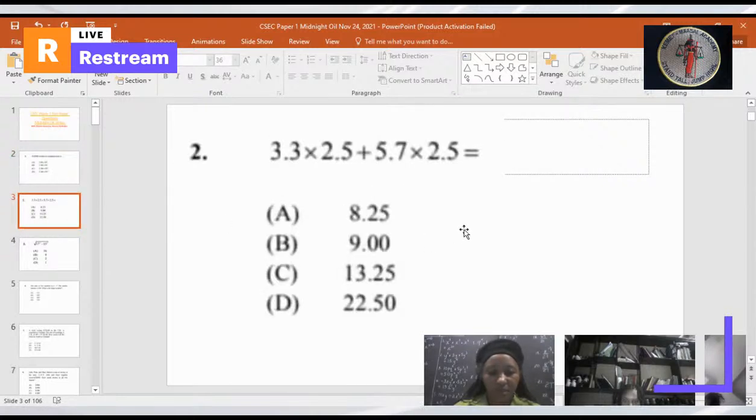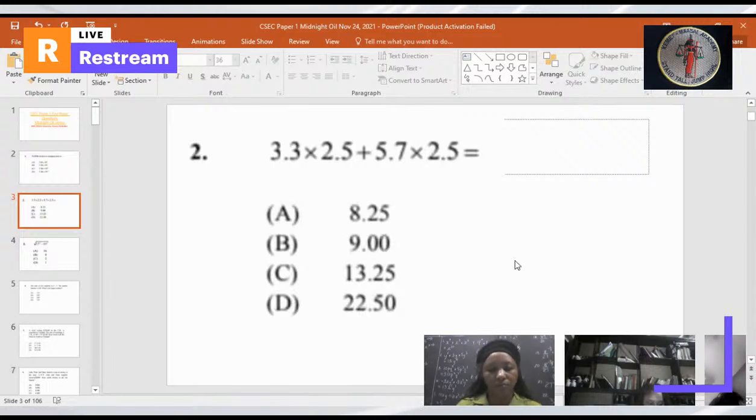All right. Imani number 2. Okay, Miss. Number 2. 3.3 times 2.5 plus 5.7 times 2.5. So 3.3 times 2.5 is 8.25. And 5.7 times 2.5 is 14.25.